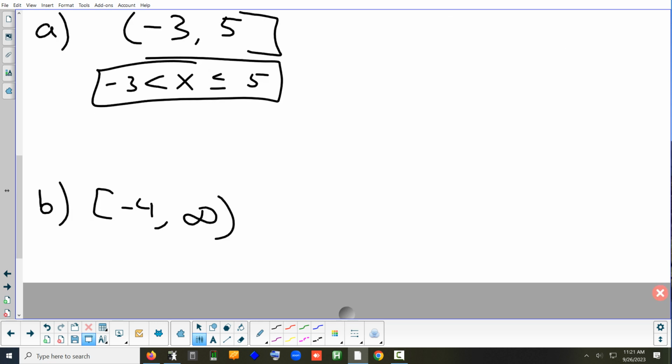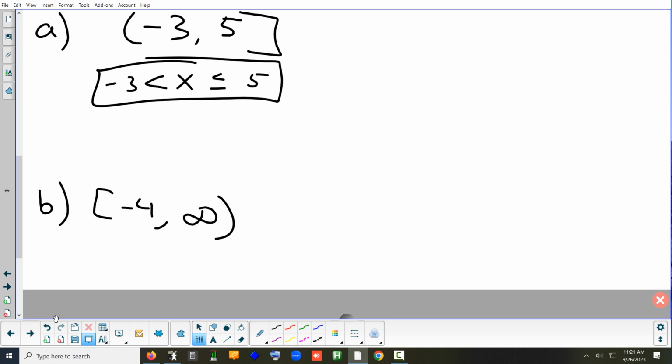All right, let's try this one. The interval from -4 to infinity. How would you write that as an inequality? Yeah. -4 less than or equal to x, x less than infinity.